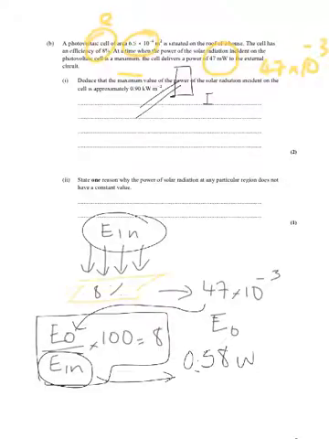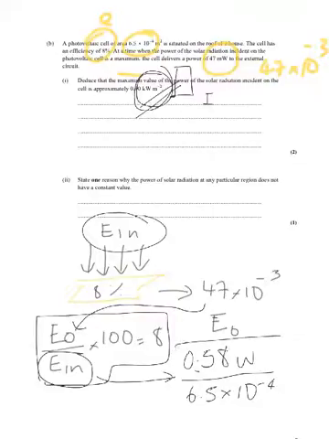You then work out the intensity, you divide it by the total area, which is 6.5 times 10 to the minus 4. That will give you the power per square meter. And that will give you your answer of 0.9, which is a bit of an odd one, 0.9 kilowatts. Could have just said 900 watts, but anyway, that's how you work it out.